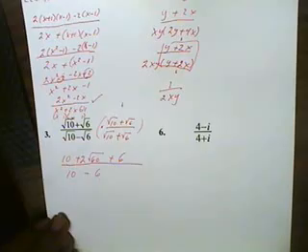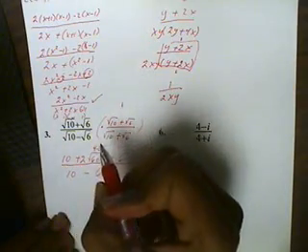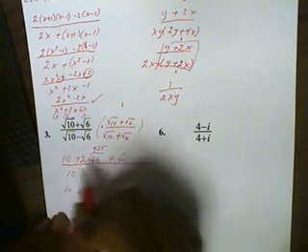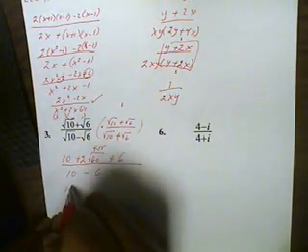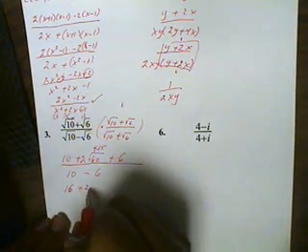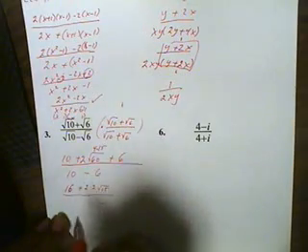Now, any perfect squares inside 60? Let's say 4 times 15. So let's add the 6 and the 10 together. We'll get 16 plus 2 times 2 with a 15 remaining inside the root.